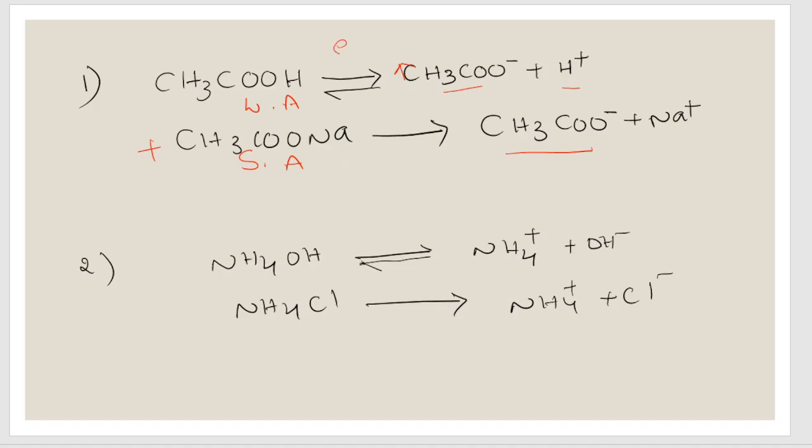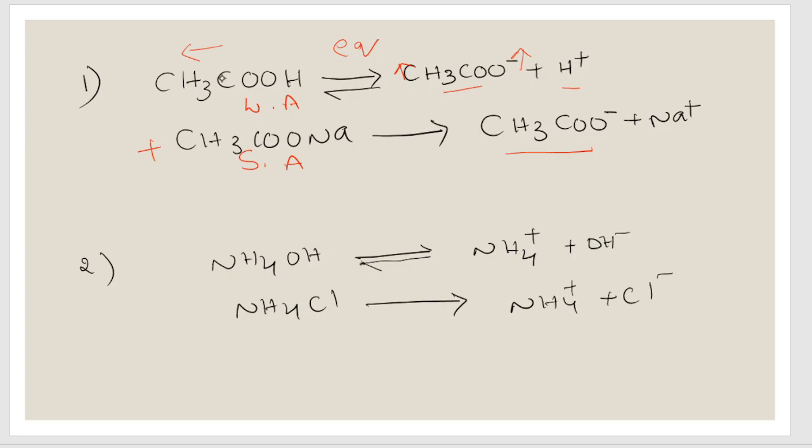If we consider the acetic acid dissociation equilibrium, we increased the product in terms of acetate ion. Whenever a system is at equilibrium, if we increase the concentration of a product, the equilibrium will shift towards the left. That means the backward reaction takes place to a greater extent.